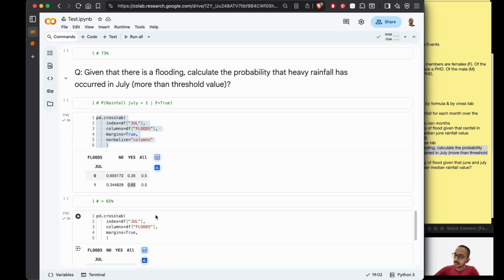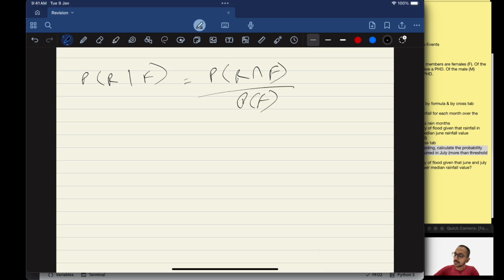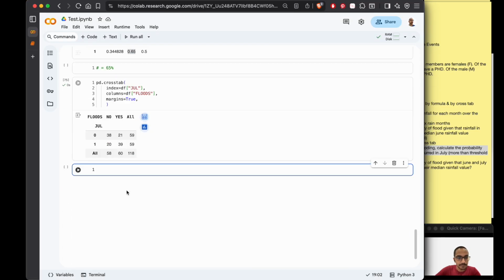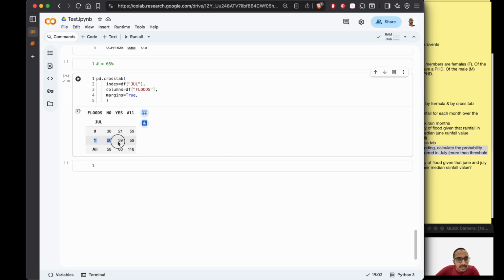P of R intersection F over P of F, right? So let's try to compute P of R intersection F, which is nothing but, if we look at here, rains 1 and intersection floods, yes, that is 39. So 39 over 118.